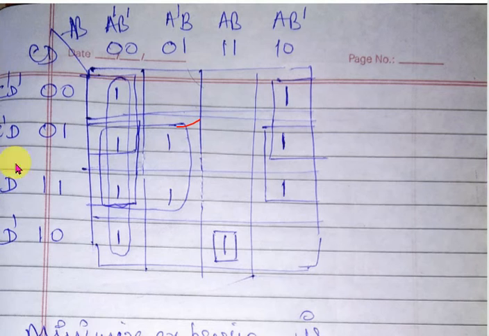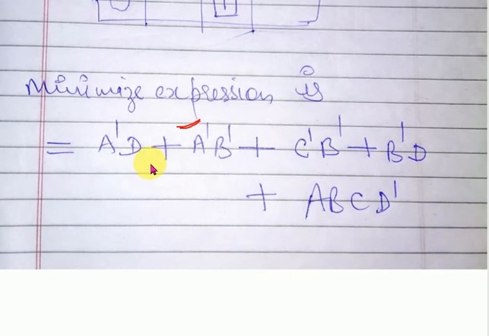We will neglect C. Here A dash B dash and A dash B, where B occurs in itself and complemented form, so we neglect B. The remaining terms are A dash and D. So corresponding to this basic block, the minterm is A dash D.